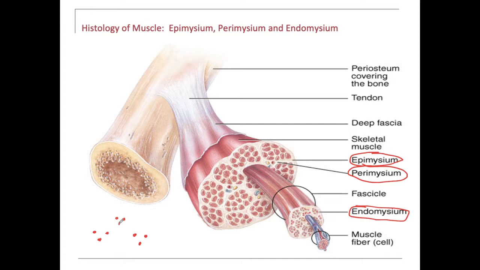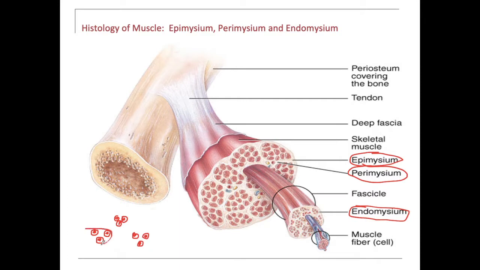Now, what's going to happen is there's a layer that's going to surround these, right? This would be the endomysium. Each of these circles would be an endomysium, okay? Endomysium.